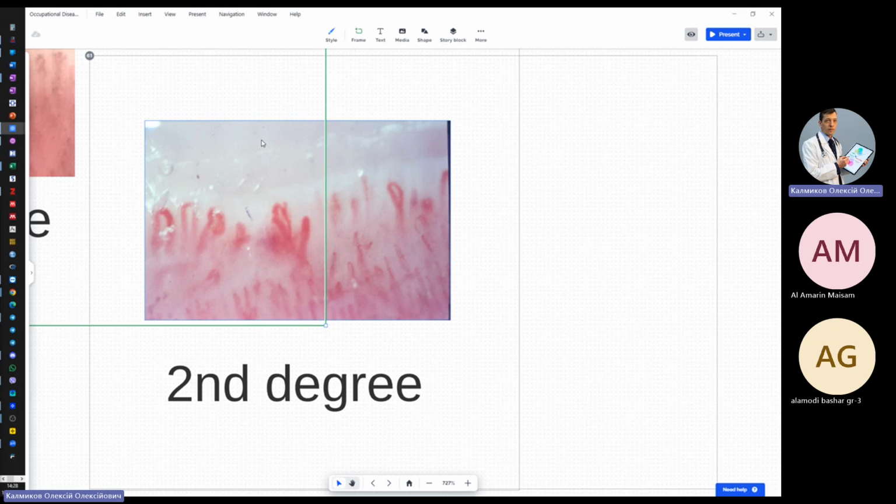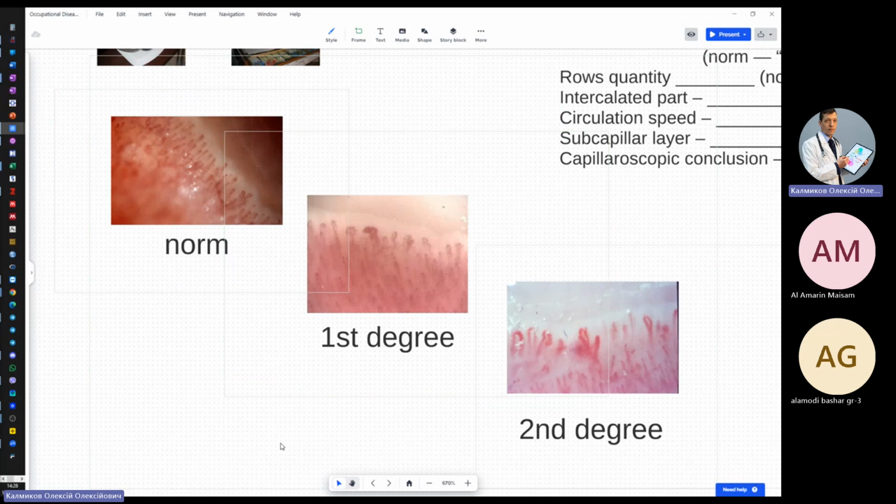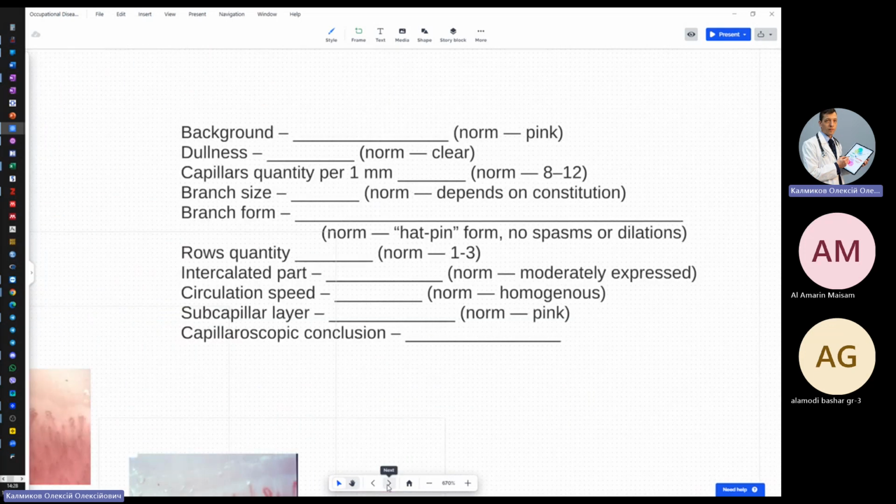The quantity of capillaries is extremely decreased, and you may see dilated branches of the capillaries with stasis of blood inside them. I don't have an illustration of the third degree of this condition because, as I already said, I've never met such patients at all. It is described, of course; in some other countries they might be, but I've never met.